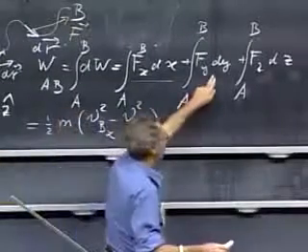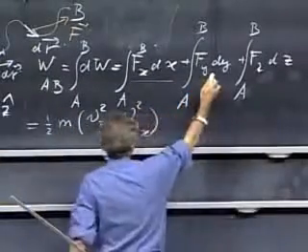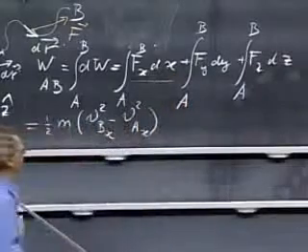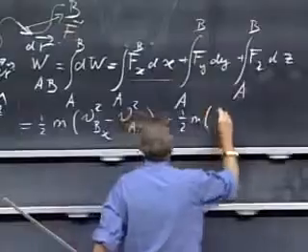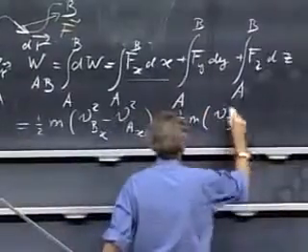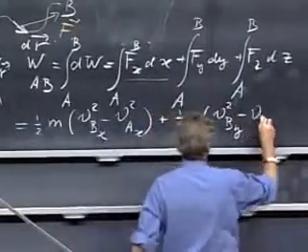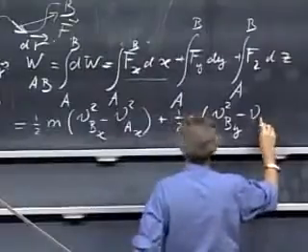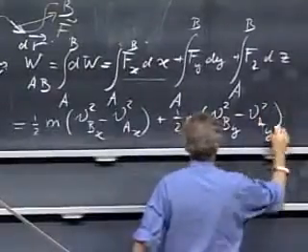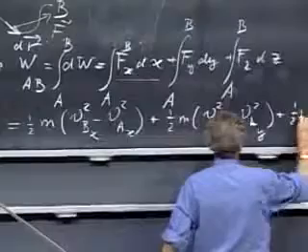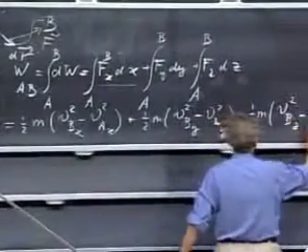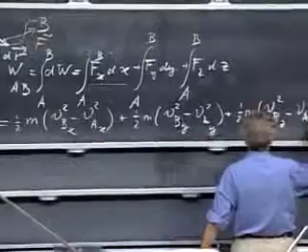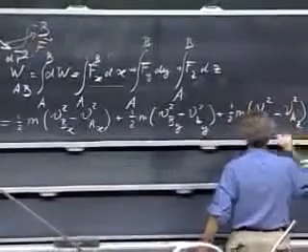This is also a one-dimensional problem now, except that now I deal with the y component of the velocity. So I get 1/2 m times vb y squared minus va y squared plus 1/2 m vb z squared minus va z squared.